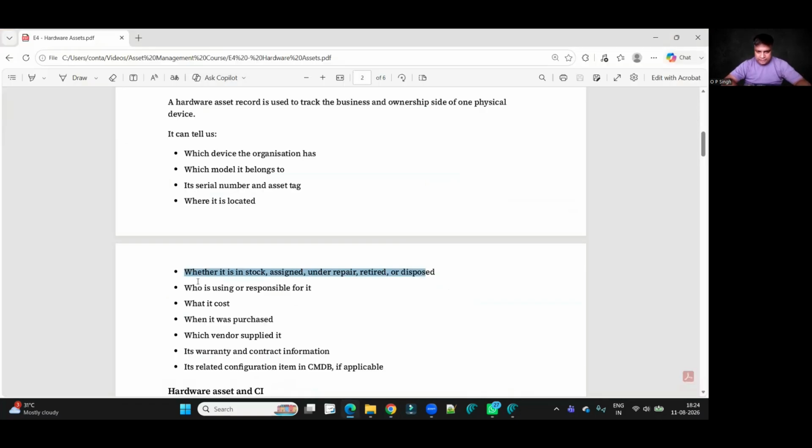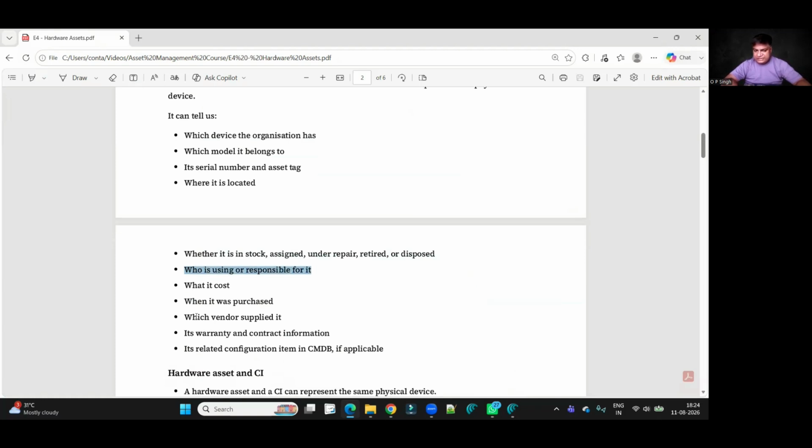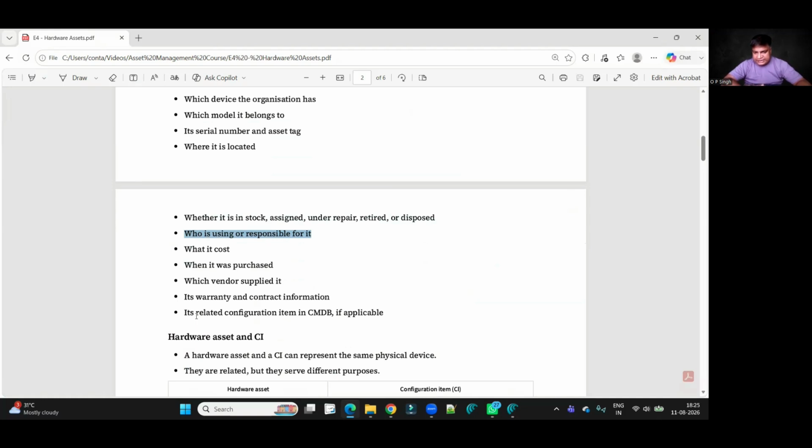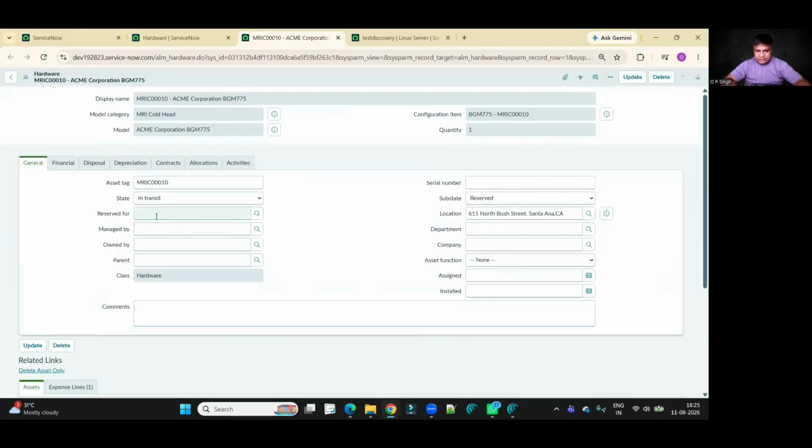I told you why. And there are a few more things like who is responsible for using it, what is the cost, when it was purchased, what is its warranty. Okay, all these things you can see here. Very self-explanatory things. What is the department, what is the company, what is the asset function? The asset function is primary, secondary, shared or loaner. Primary means a laptop which is assigned to you directly.